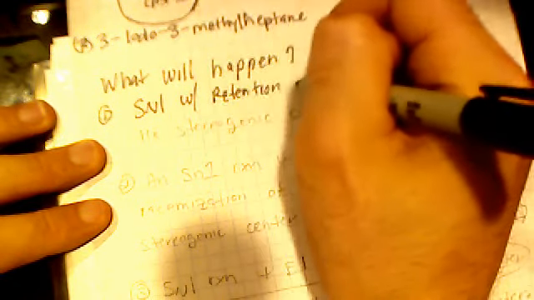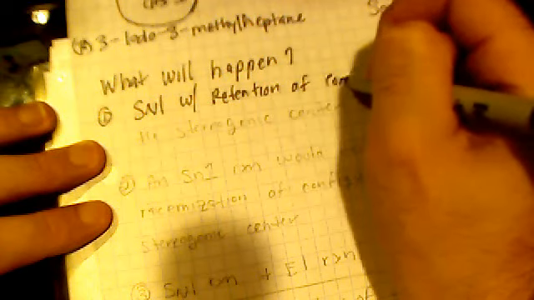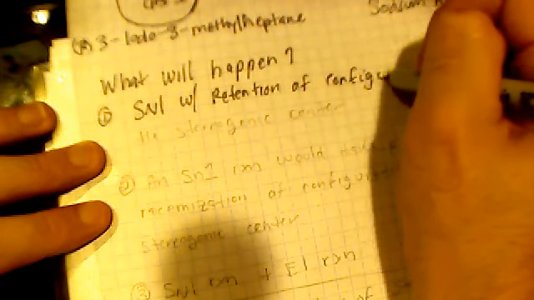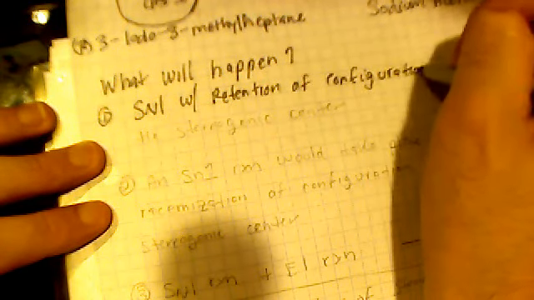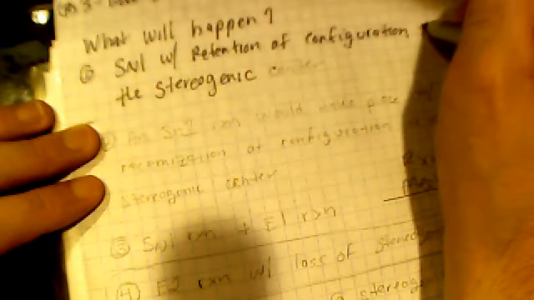All right, are we going to get SN1 with retention of configuration at the stereogenic center?